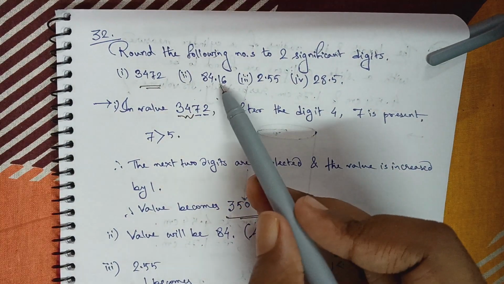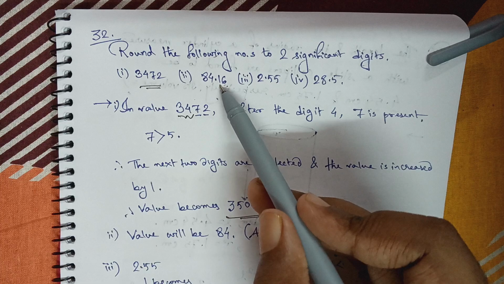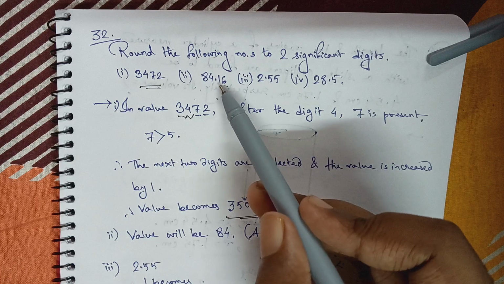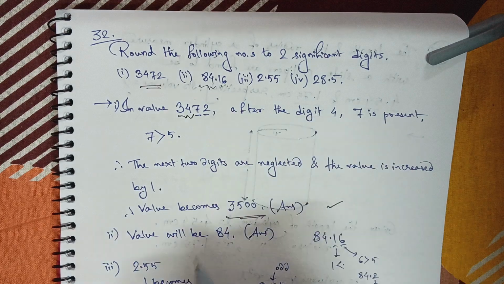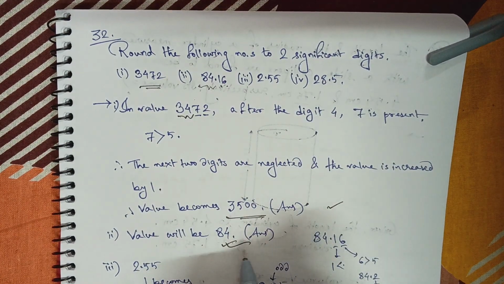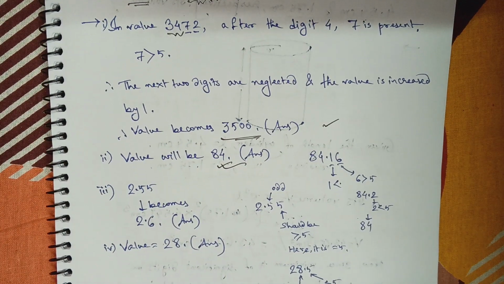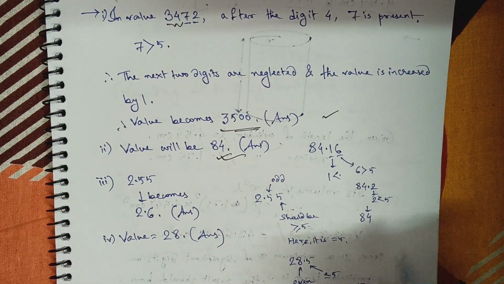In case of 84.16, 6 is greater than 5, so 1 will become 2, and then since 2 is less than 5, the number will become 84, so it will be rounded off to 2 significant digits as 84. The calculation is given in rough side here.